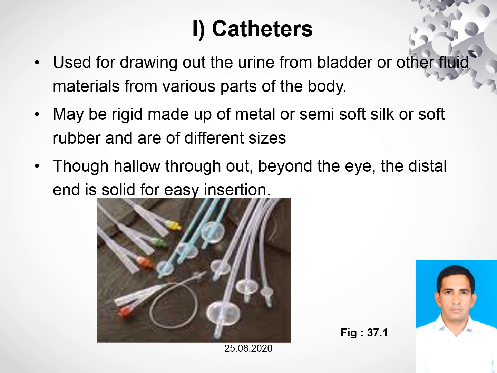Catheters are used for drawing out urine from the bladder or other fluid materials from various parts of the body. They may be rigid, made up of all metal or semi-soft steel or soft rubber, and are of different sizes.